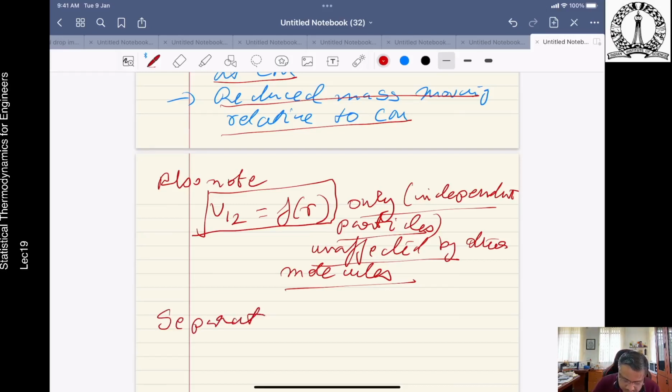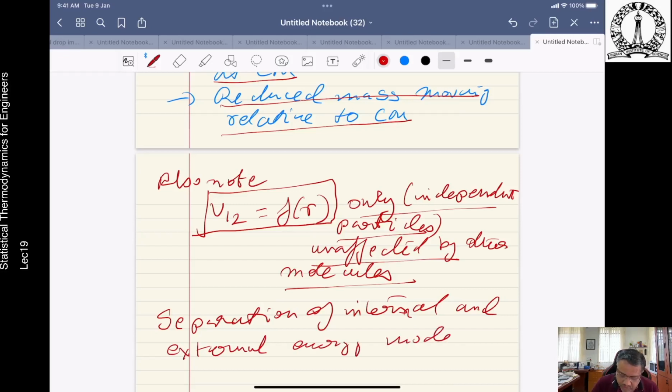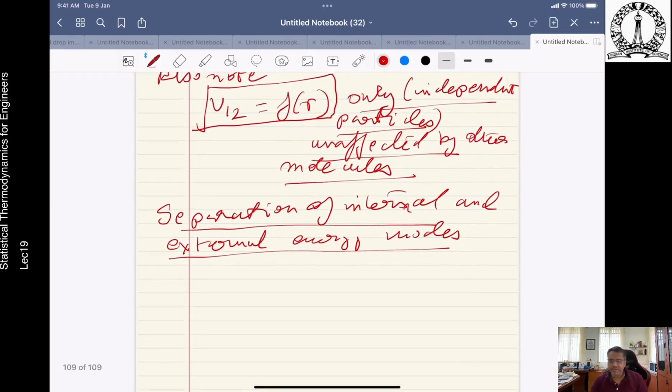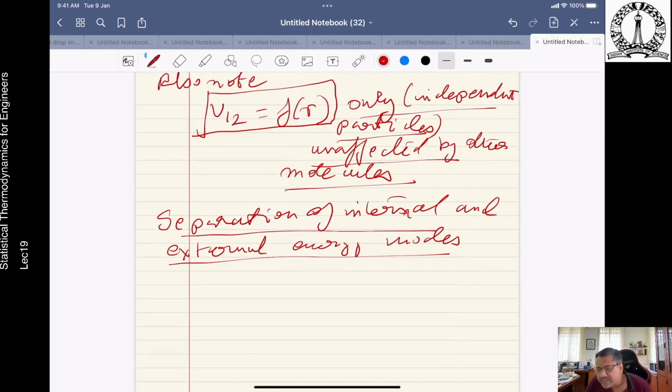Okay. So now what we need to do is separate the external and the internal energy modes, which we are going to do in the next class, because this is what is going to lead us to a complete analysis of how the internal modes actually evolve, right?